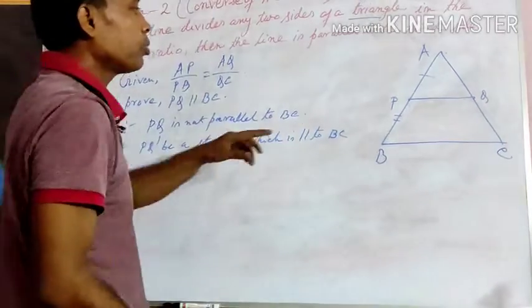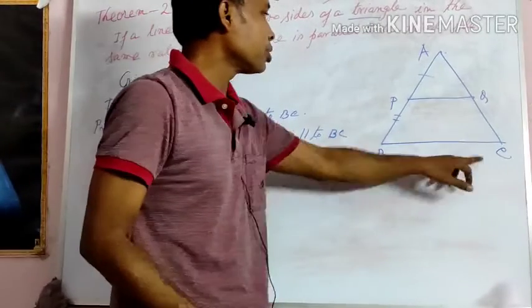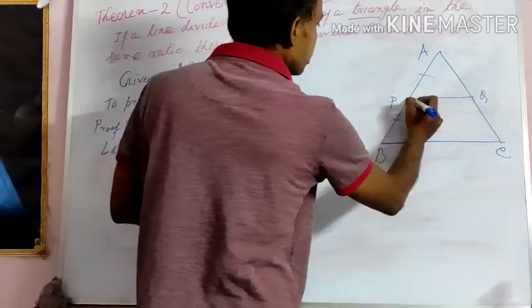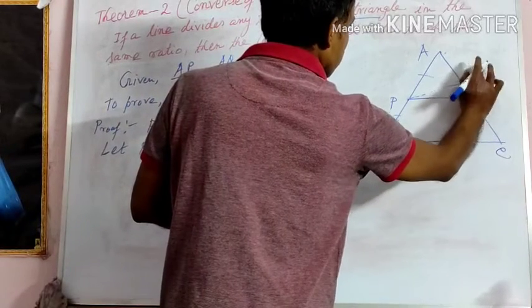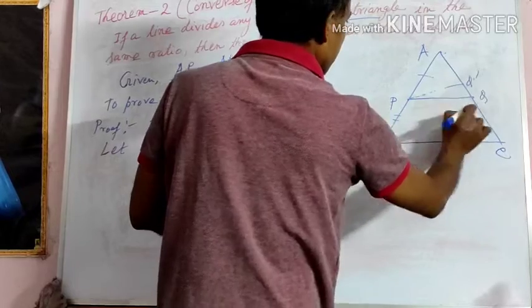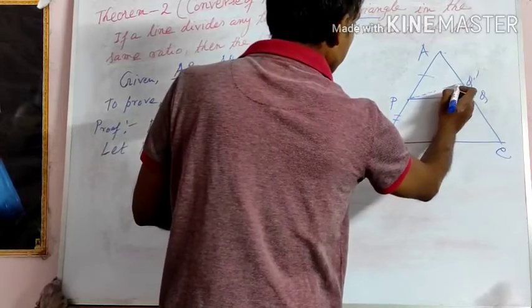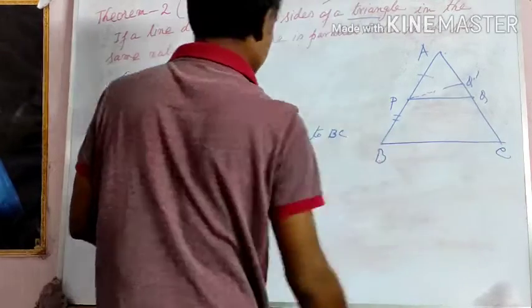Let us consider PQ is not parallel to BC, and let PQ dash be another straight line which is parallel to BC.